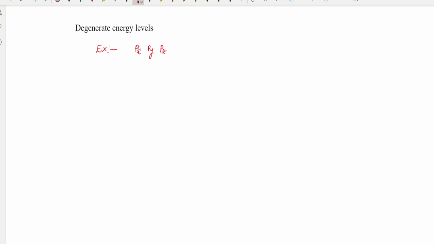If you observe here, the energy level of the system is the p orbital. Here the energy is the same, but the wave function of the system is different. This type of system is called a degenerate energy level. In px, py, pz, it is the same energy level, the same energy state, p orbital, right?